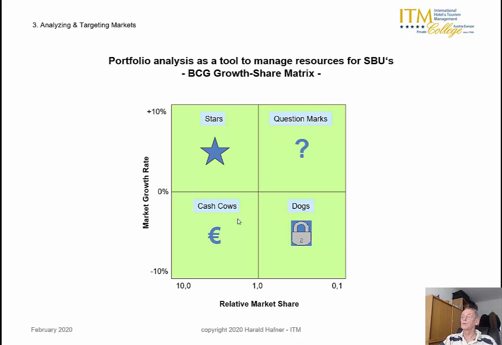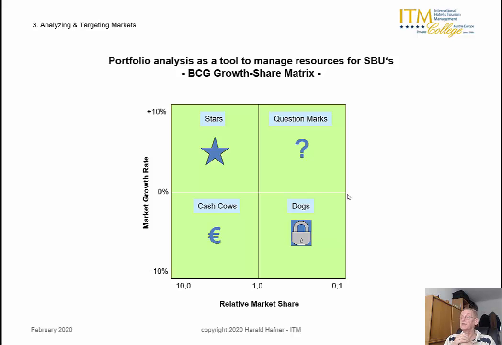Grouping products into homogeneous subgroups is accomplished by using somewhat arbitrary cutoff points. Those are the arbitrary cutoff points that you see here between high and low market growth rate and high and low relative market share.